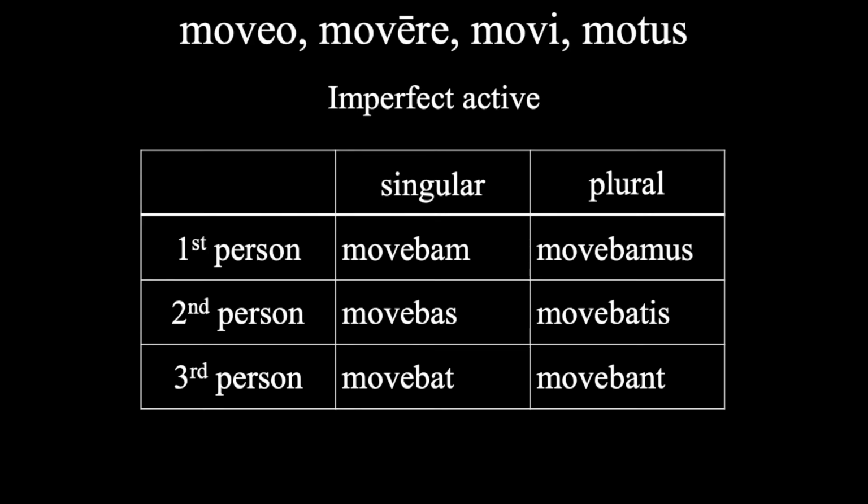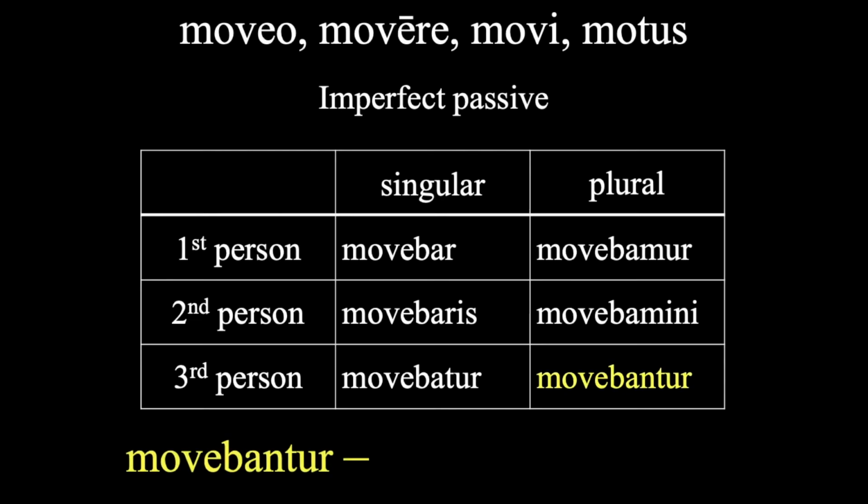The imperfect forms of movere will go from this in the active to movebar, movebaris, movebatur, etc. in the passive. So we'll look at a translation for the third plural, movebantur, and that would be they were being moved, or maybe they kept being moved. That would work as well.